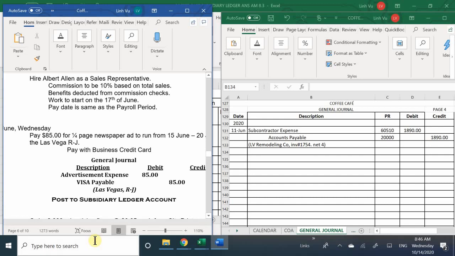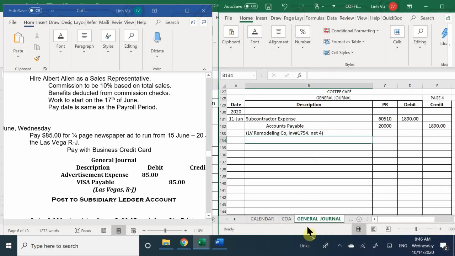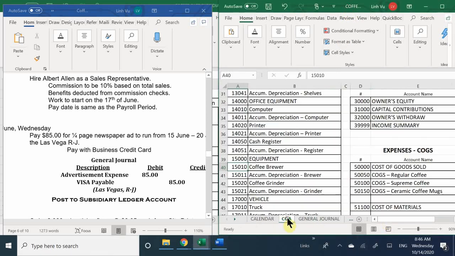Now, let's go ahead and take a look in our chart of accounts to see what account we are going to be using if we're starting to use our first business credit card.